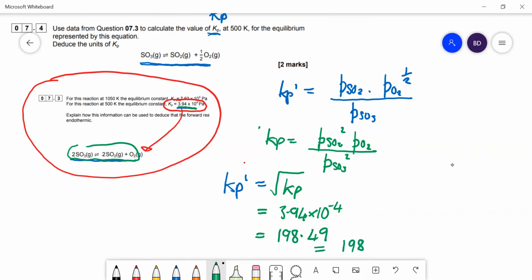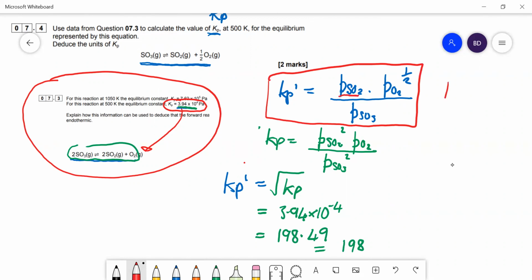Now, what are the units of that? Well, let's look at the units of this blue equation up here. The units of Kp are going to be the same as the units on the right. So what have we got on the right? We've got pascals for the SO2, pascals to the power of a half for the oxygen, and pascals for the SO3 on the bottom.